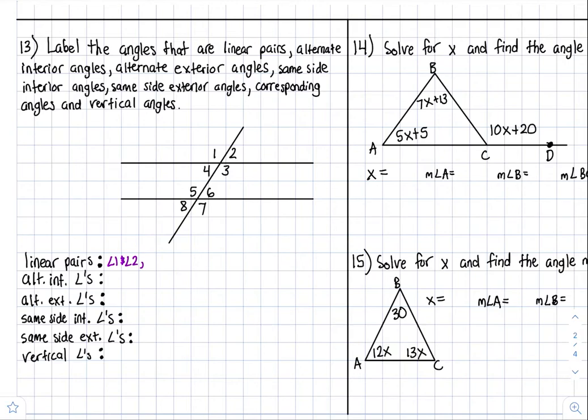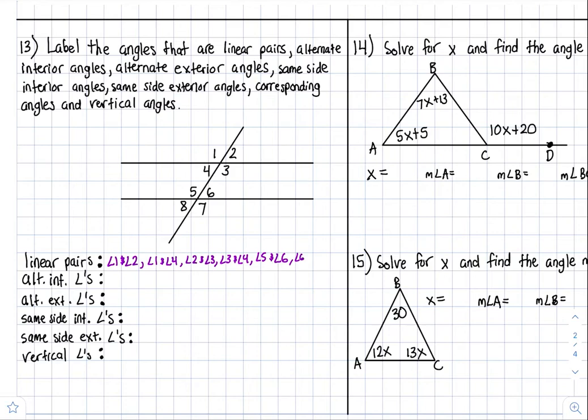So we got angle 1 and angle 4 are a linear pair, right there. Angle 2 and angle 3 are a linear pair. Angle 3 and angle 4, linear pair. And that accomplishes that. On the other side, angle 5 and angle 6 are a linear pair.